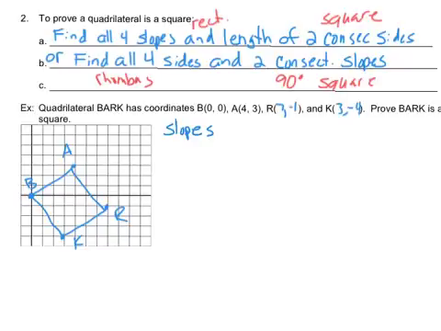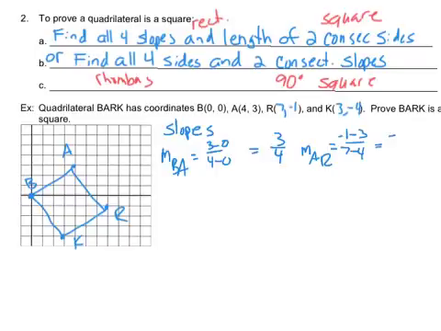So the slope of BA is going to be 3 minus 0 over 4 minus 0, so that's going to be 3 over 4. The slope of AR is hopefully negative 4 over 3. If I look at it, I get negative 1 minus 3 over 7 minus 4, so it's negative 4 over 3.